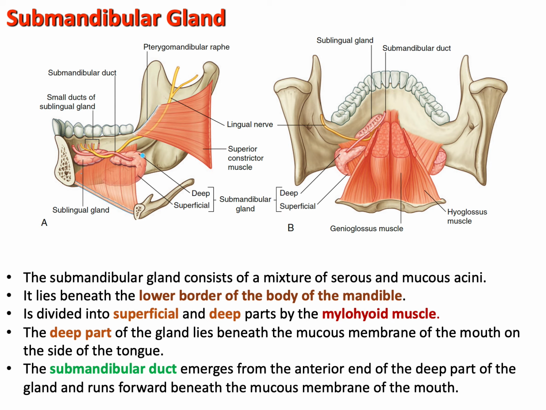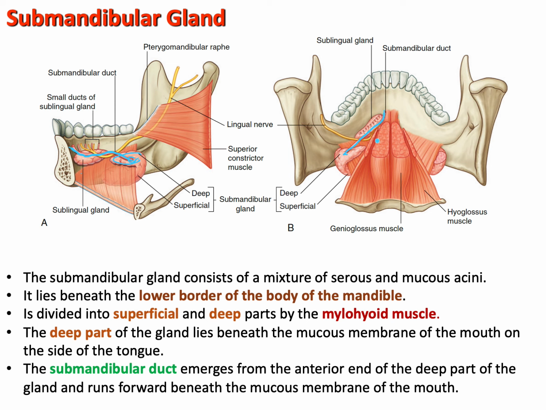And let us look at the deep part, or the tip of the deep part. Okay, this is the deep part, guys. From the anterior end of it, there is a duct that emerges from there. So from the anterior end of the deep part of the submandibular gland, you would see that there is a submandibular duct. Look at it. Again, this is the submandibular duct.